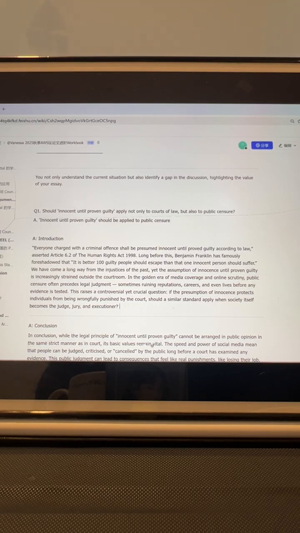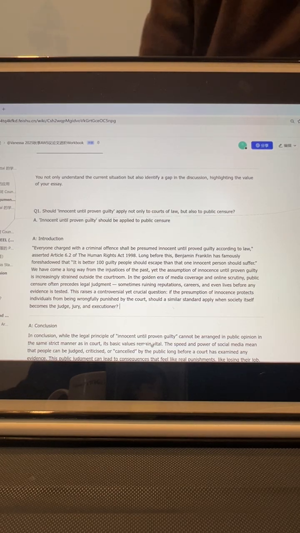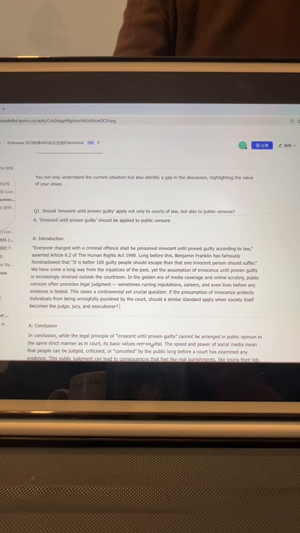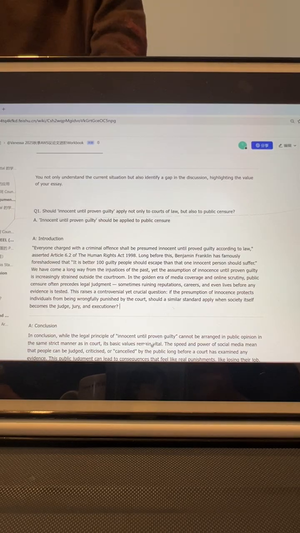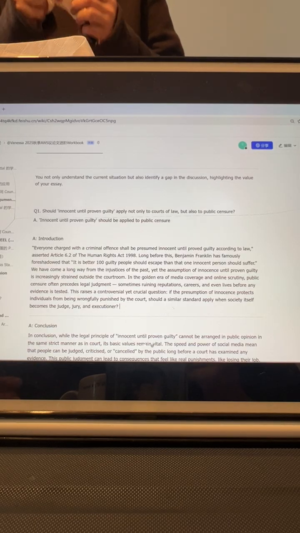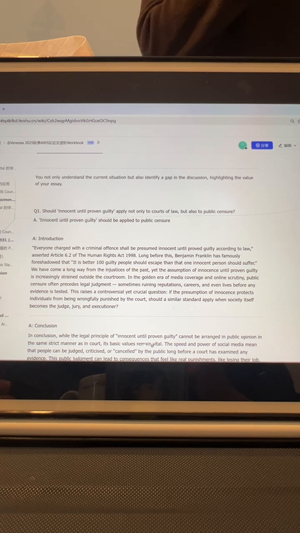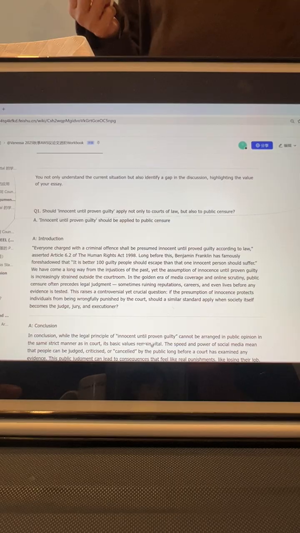Then I looked up quotes regarding this topic, and I found the one where Benjamin Franklin says better a hundred guilty people escape. I found that's quite famous and a lot of people have said it, but I chose the Benjamin Franklin one because he's more well known, as one of the founding fathers of America.